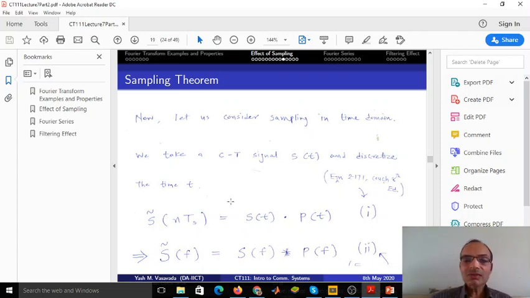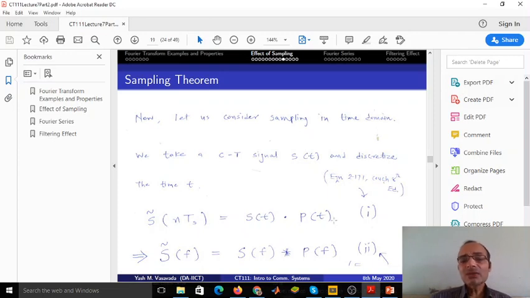And so that is what we have done here. We have simply taken s of t and multiplied it by p of t, this train of impulses, the sequence of impulses in the time domain. At the location of each impulse of this train, we will get the value of this signal s of t.